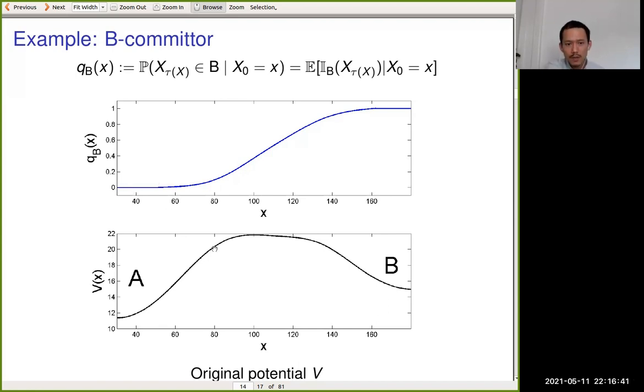Whereas as you rise up this energy barrier, it starts to increase. And of course, when you get closer to B, then your probability of hitting B before A is closer to 1. So basically, the B committer tells you the probability that I'll hit B before A, given that I start at some point x.